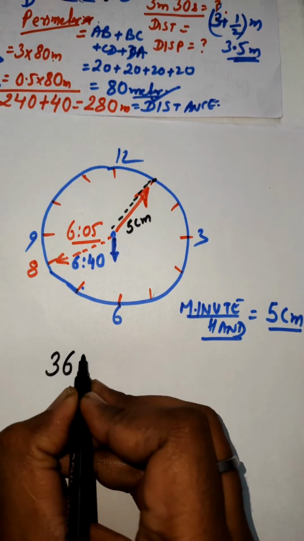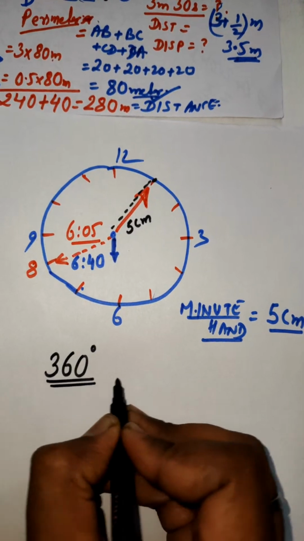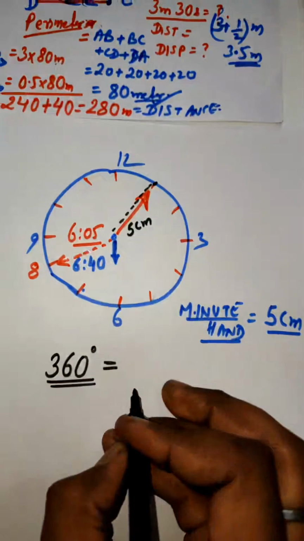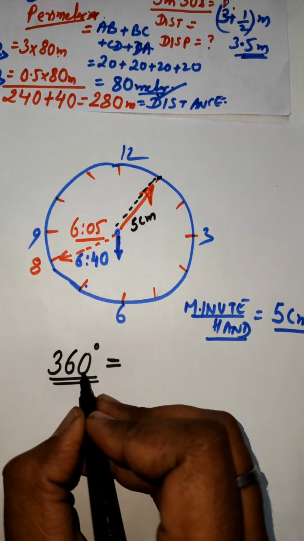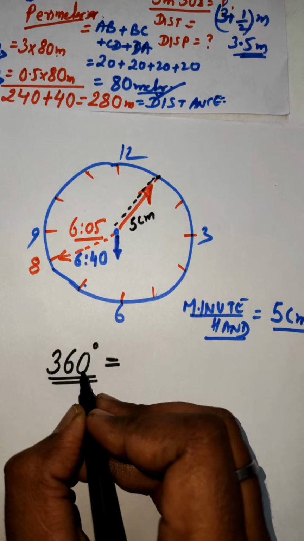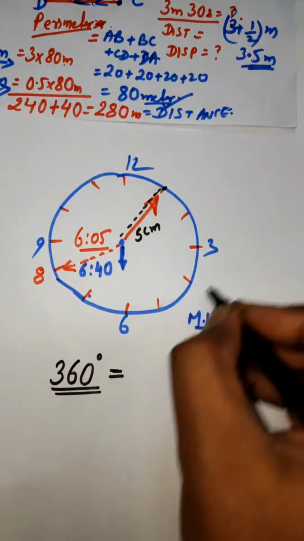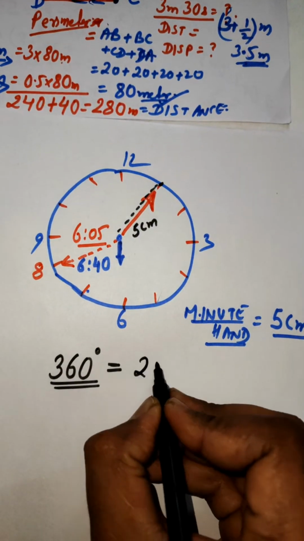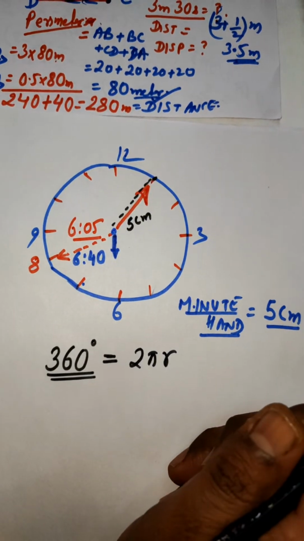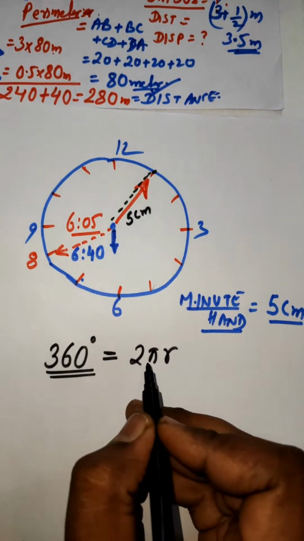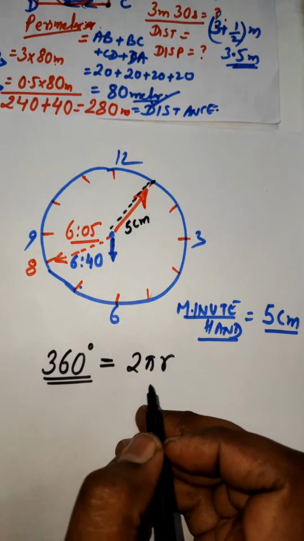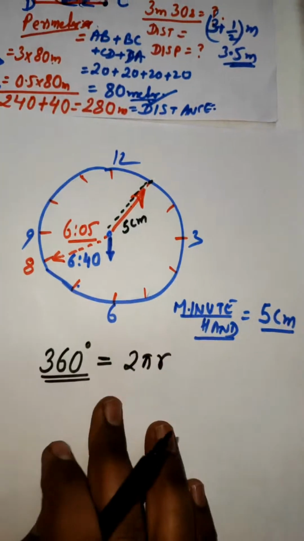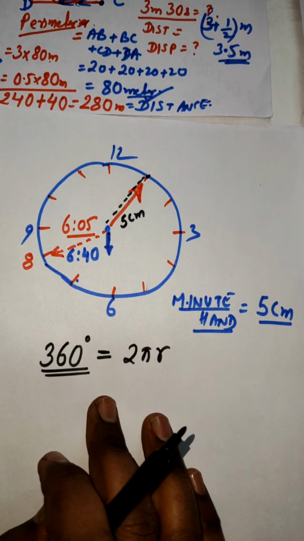Total angular displacement or angular distance covered by the watch is 360 degree, and we can say that in 360 degree the perimeter covered is 2 pi r. Now we need to find from 6:05 to 6:40 how much is the distance, displacement and direction.